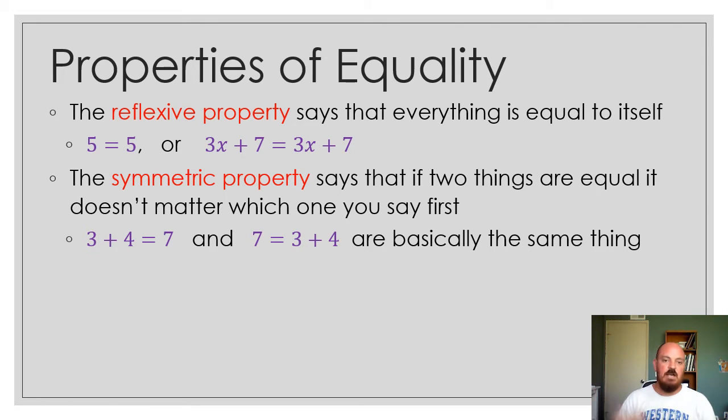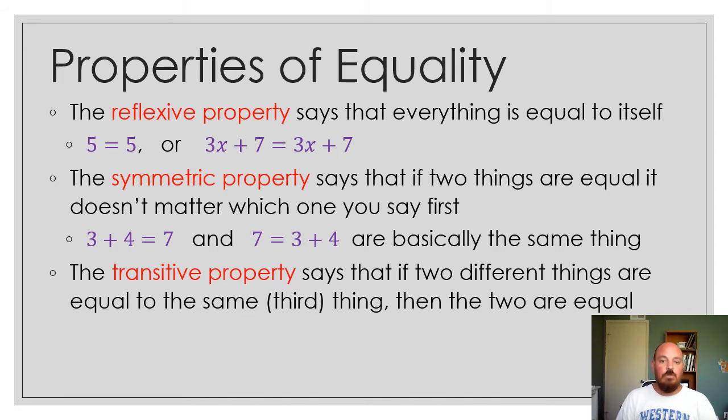But if I flip it around and I say 7 equals 3 plus 4, it's still true. It's symmetric. You can flip them and it still works. Like if you're solving for x, it doesn't matter if you say x equals 5 or 5 equals x, you still solve for x.